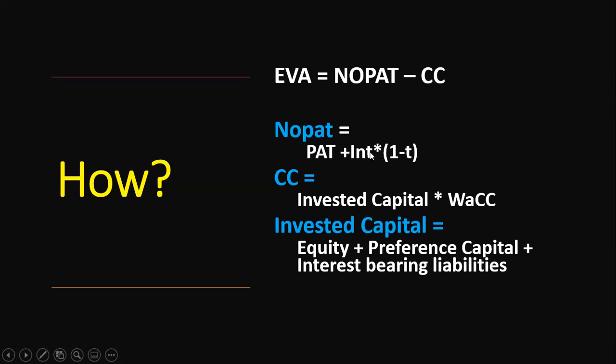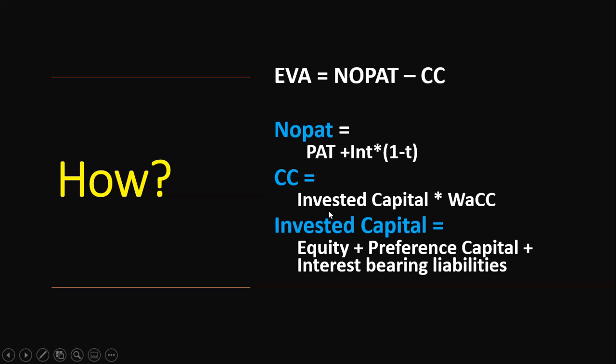But here we are only adjusting for financing anomaly by adding back interest to the PAT. So it is PAT plus interest into (1 minus T). The interest into (1 minus T) can also be explained as the interest adjusted for tax benefits, so it is interest post-tax benefits. The capital charge is the invested capital into the weighted average cost of capital.